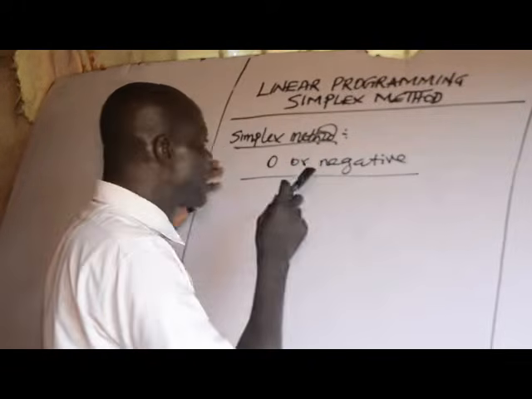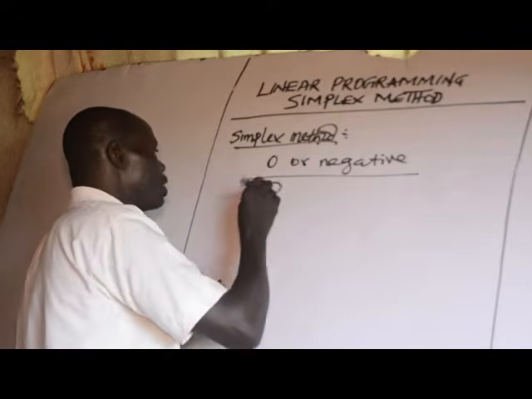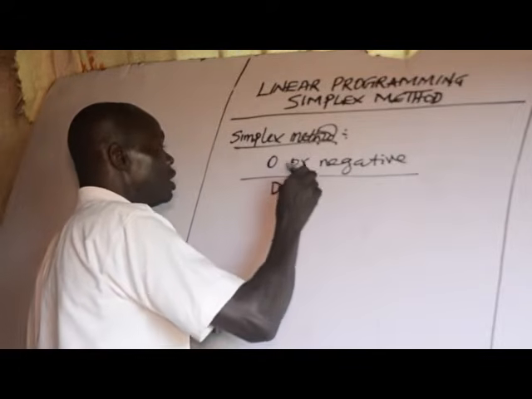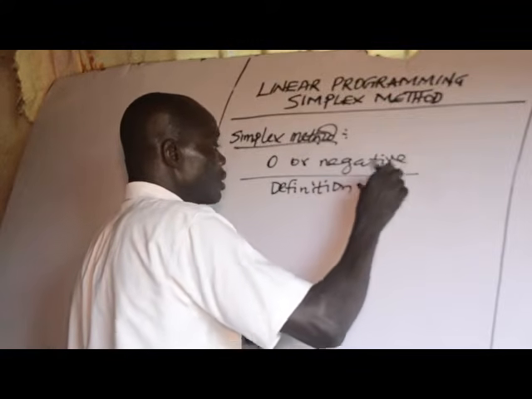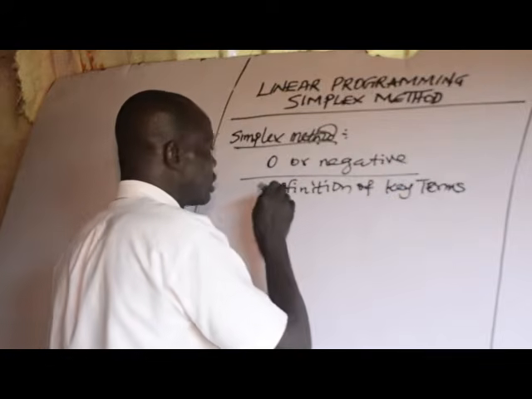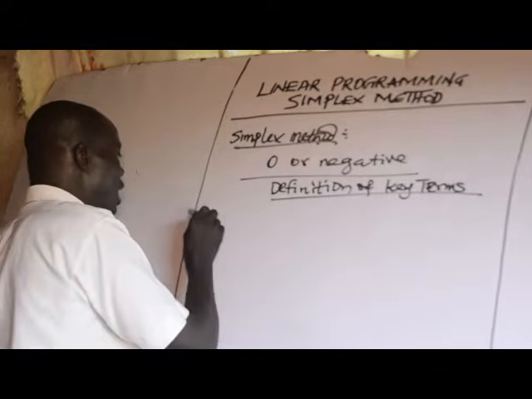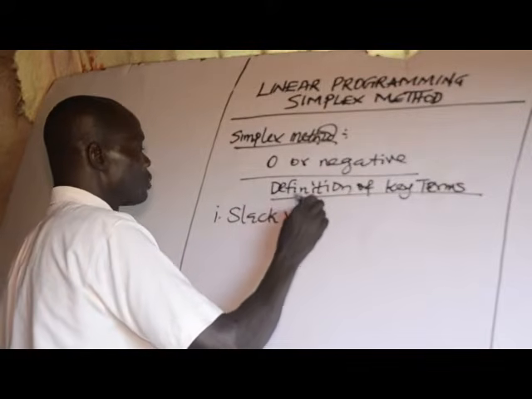So what are the key concepts or key terms used in connection with the Simplex method? Definition of key terms. Number one is the slack variable.